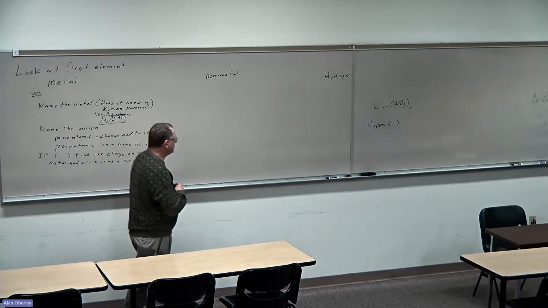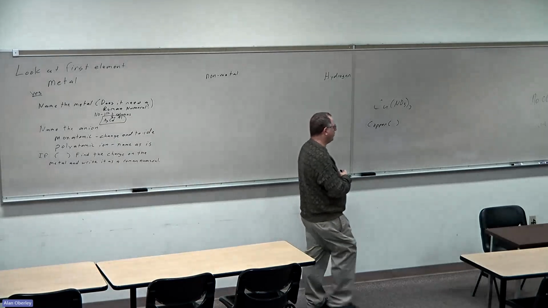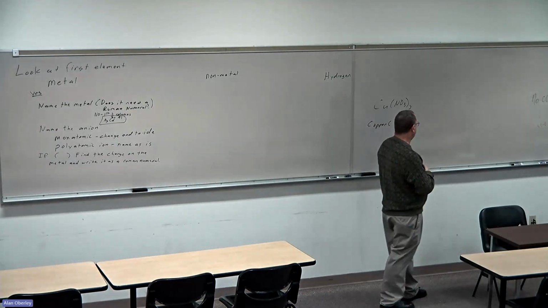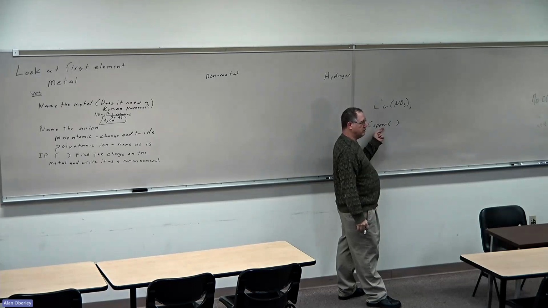So if it's in the first two columns, or silver, zinc, cadmium, or aluminum, we don't need a Roman numeral. This is not one of those, so it needs a Roman numeral.